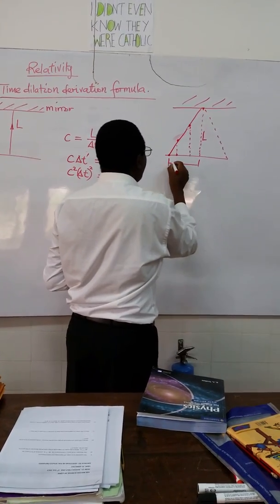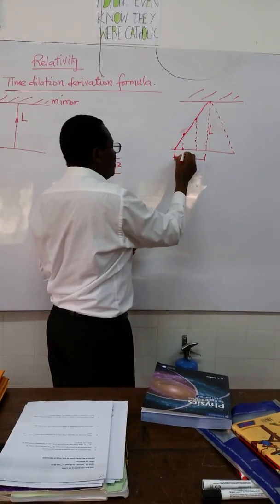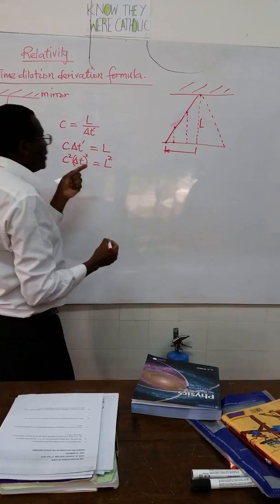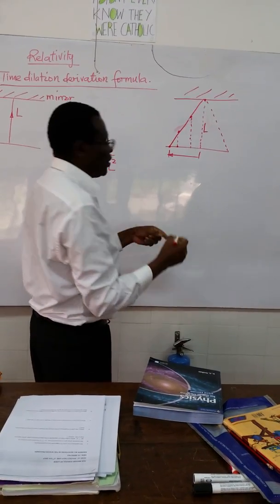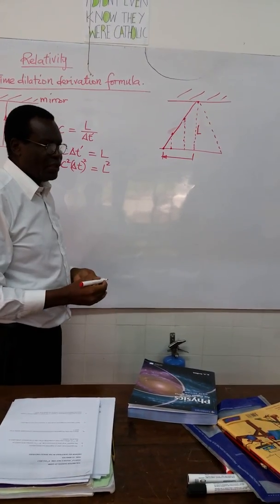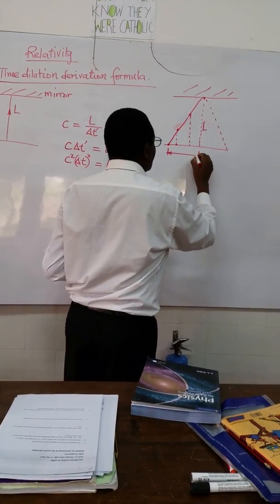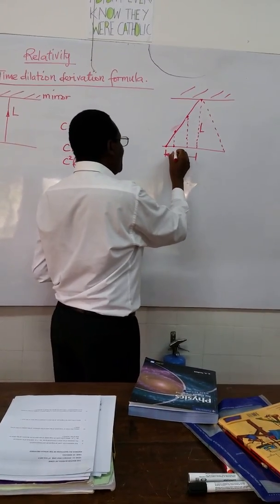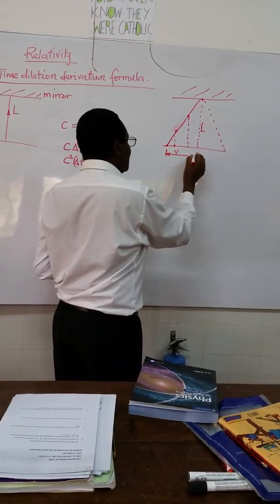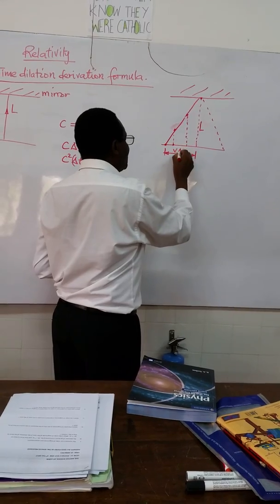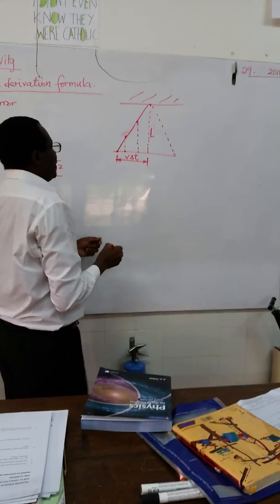This person is moving with velocity v, and the time interval is this, it's not the same, but we don't know what that time interval is going to be, so we call that time interval change in t. So the displacement will be v times change in t.